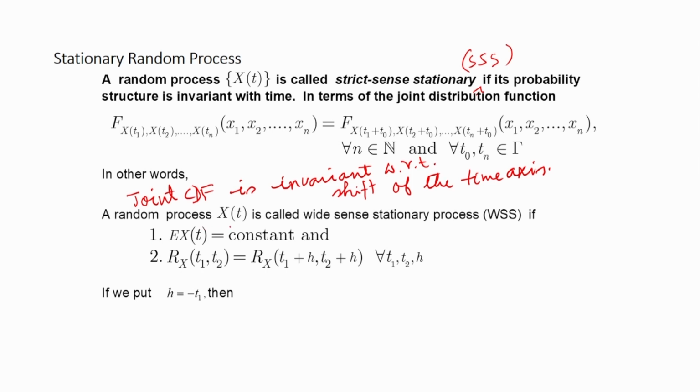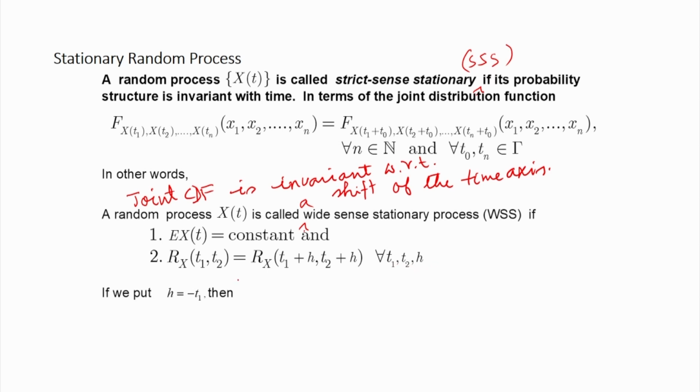So, a random process x(t) is called a wide sense stationary process, WSS, if E of x(t) is equal to a constant and Rx(t1, t2), that is the autocorrelation at instants t1, t2, is the same as if I shift the time axis by some amount h, Rx(t1 plus h, t2 plus h). This is for all t1, t2 and h.